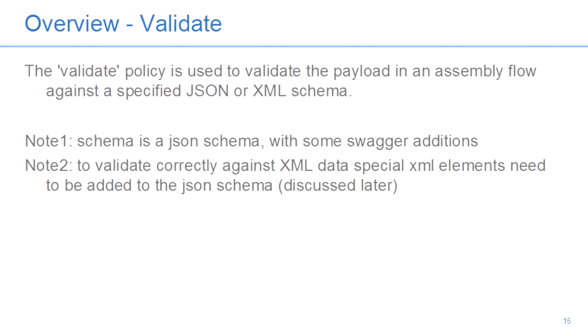There's two notes here: the schema defined is a JSON schema, and it has some additional Swagger additions. Specifically, the Swagger extensions are used to correctly validate against XML data. So you generate one JSON schema that can be used to validate JSON content or XML content.